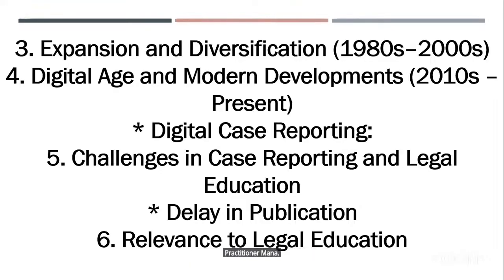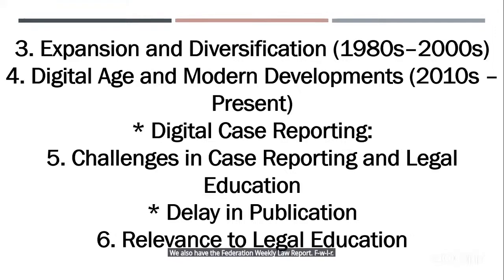We have examples of these law reports to include the Nigerian Weekly Law Report. This started in 1985, and it's widely used today in the judicial system and for educational purposes. We also have the Federation Weekly Law Report, FWLR.